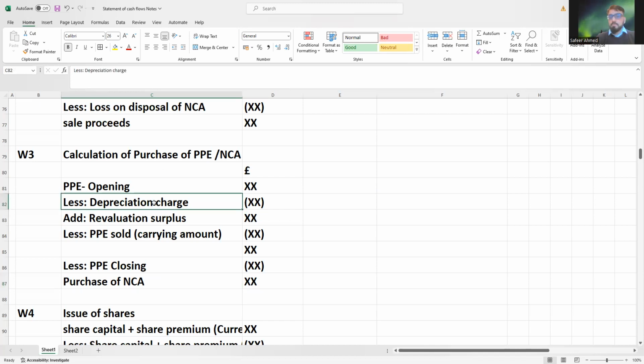So for example, depreciation charge. In that case, you will be doing opening plus revaluation surplus minus this, and of course this one you will be adding, and then minus closing will give you the depreciation amount. So you rearrange this calculation in that sense. But that's if they really want to make it difficult.